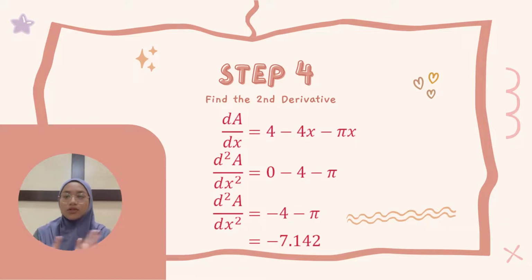Step 4. We need to find the second derivative from the first derivative, which is dA over dx equals 4 minus 4x minus pi x. So the second derivative d square A over dx square equals: the 4 becomes 0, the negative 4x becomes negative 4, and negative pi x becomes negative pi. So the answer is negative 4 minus pi, which is negative 7.142.